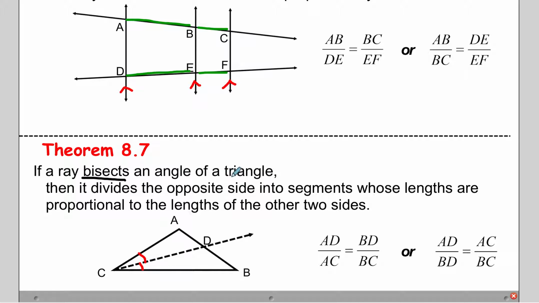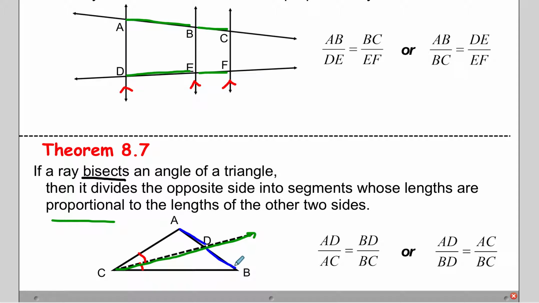If a ray bisects an angle of a triangle, then it divides the opposite side into segments whose lengths are, guess what, proportional to the lengths of the other two sides. So you can see here's the ray. I'm going to trace over it in green right here. It divides this side into two parts, AD and DB.